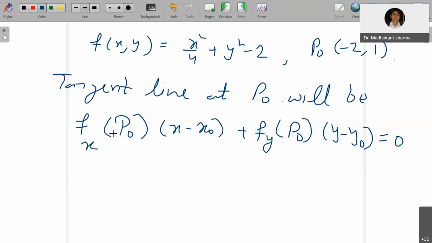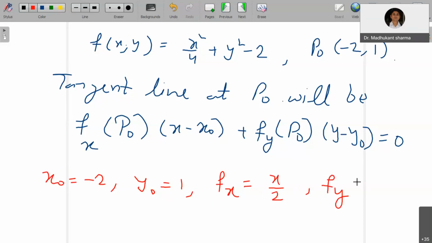So what is x naught? You can easily identify that x naught is minus 2 and y naught is 1. fx is going to be x by 2, and fy is equal to 2y.